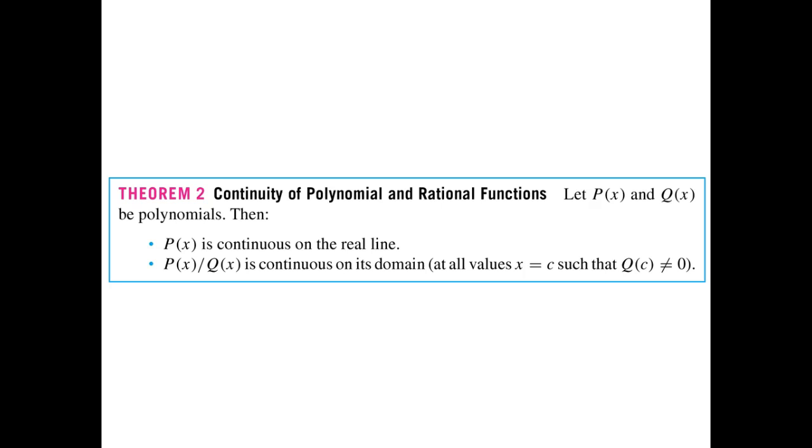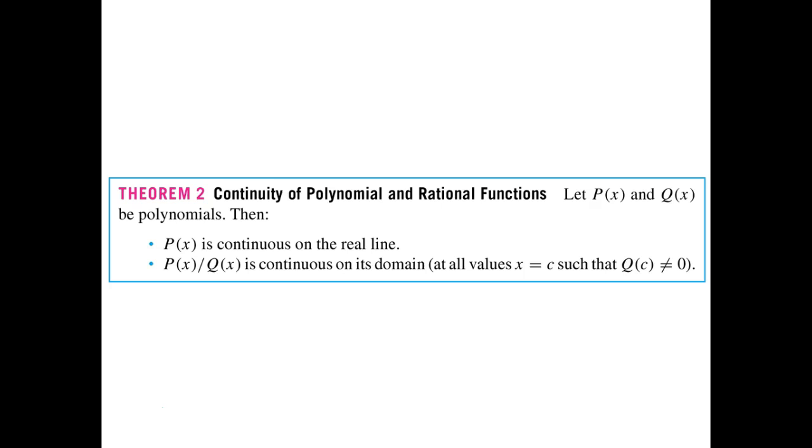Continuous on its domain. What do I mean by that? Any x value that makes Q equal to 0 is not in the domain. So you have to exclude those values that make Q of x equal 0 because they're not even in the domain. That means all values of x equals c such that Q of c is not equal to 0. So everywhere else they're continuous.